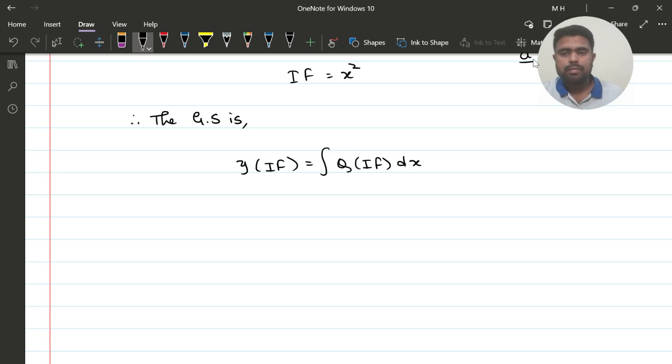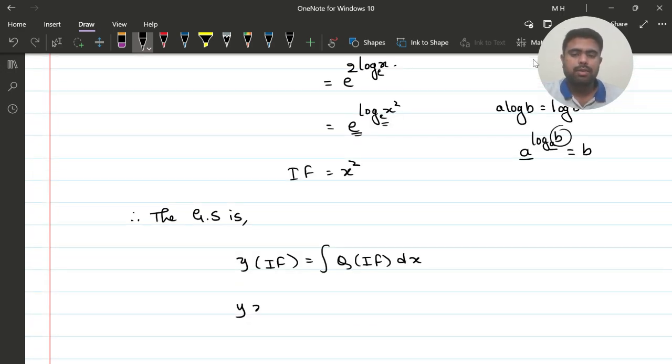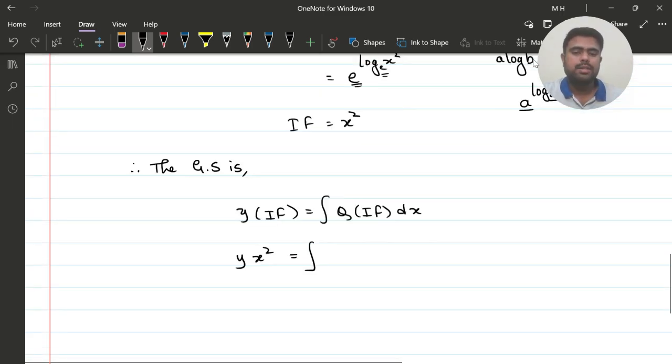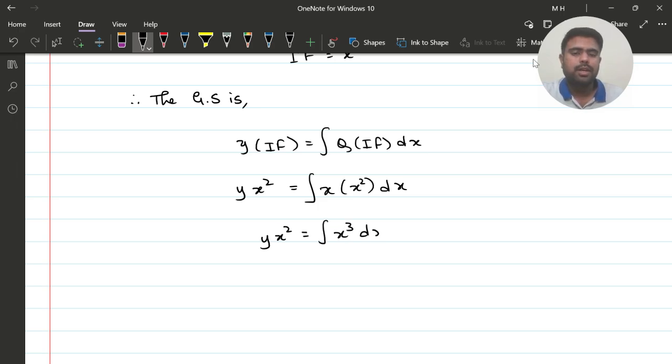So y into, what is the integrating factor that we have now? It is x square. So y x square is equal to integration of q into integrating factor. What is q? Q is x, into integrating factor x square, dx. So y into x square is equal to integration of x into x square, which is x cube dx.